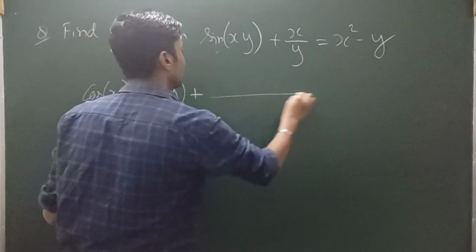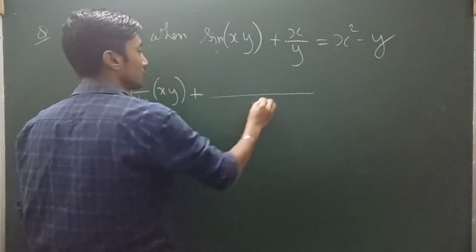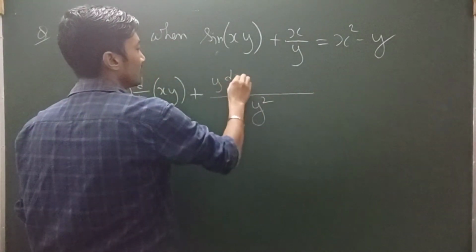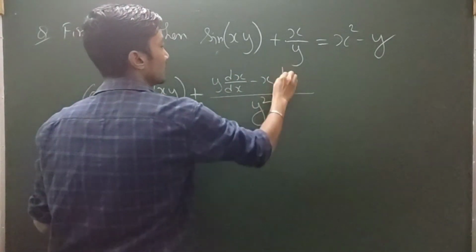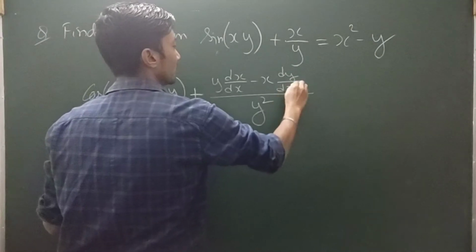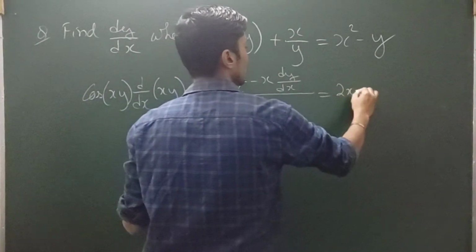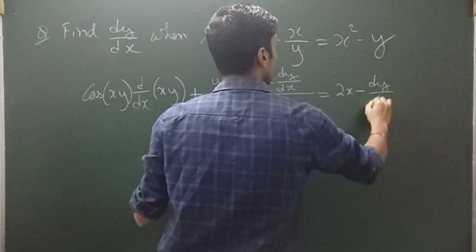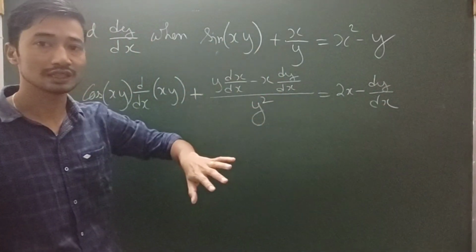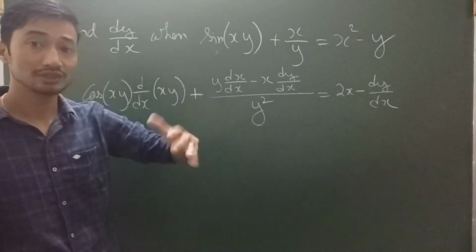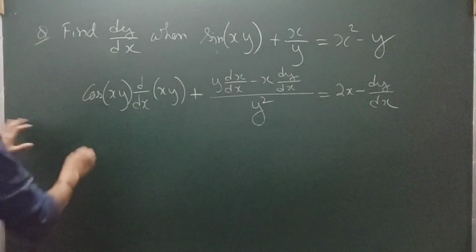If you wish, we can use y square, y derivative of x with respect to x minus x into derivative of y with respect to x is equal to, this is 2x minus dy by dx. Do not forget to use this dy by dx. That's where many forget. Chain rule concept, again I'm reminding you.